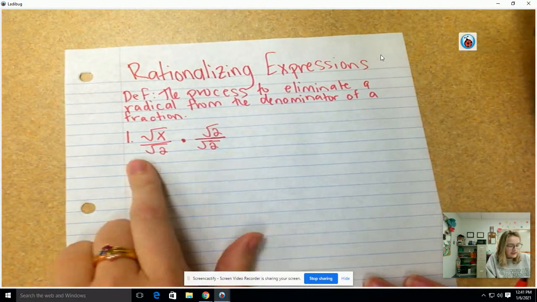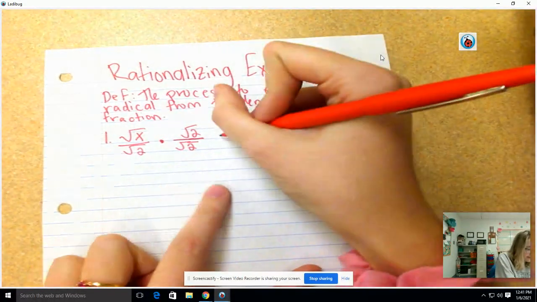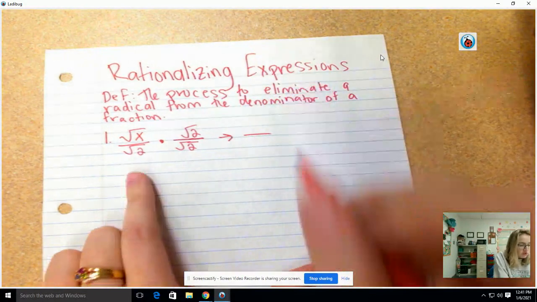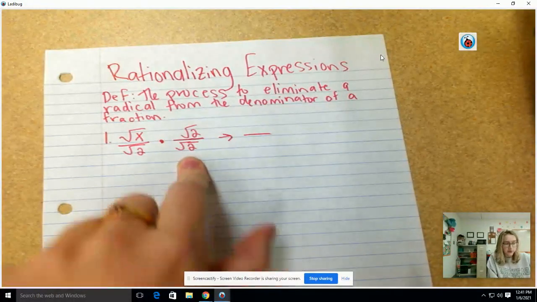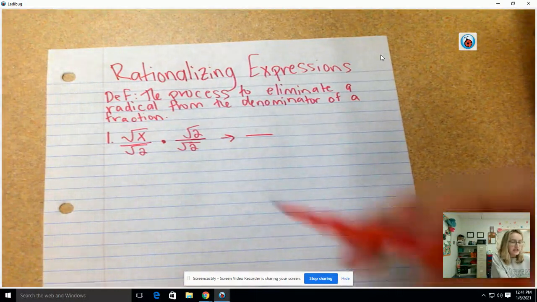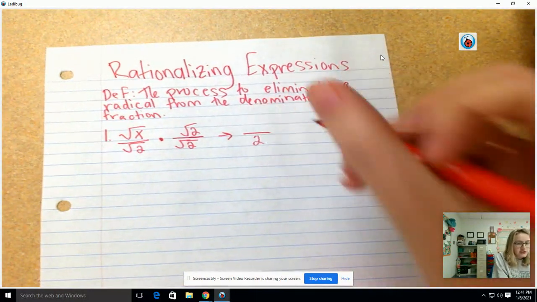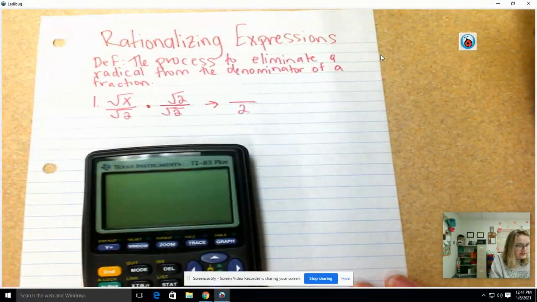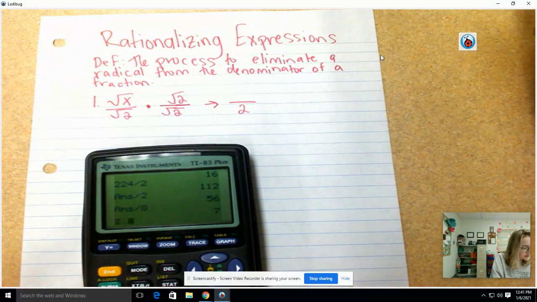So when you multiply these together, radical 2 times radical 2 is actually going to end up as 2. And the way we can check that is in our calculator. Essentially, the 2 square roots are going to cancel out, which is really neat, and you are just left with 2.